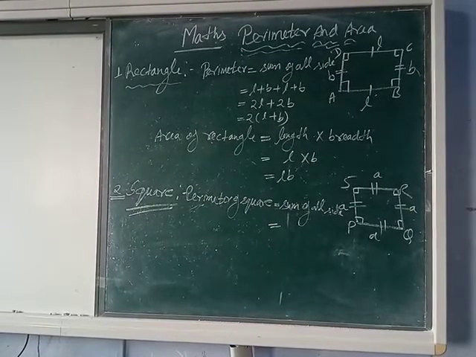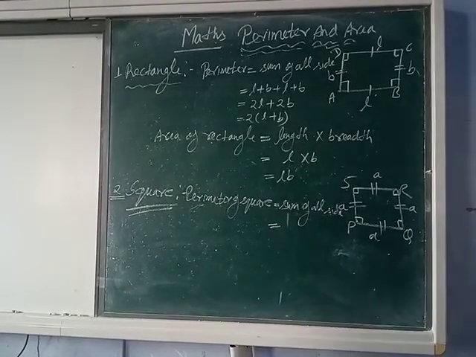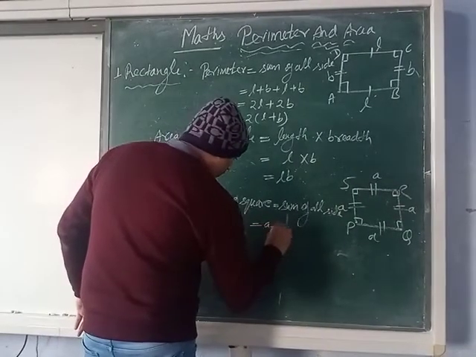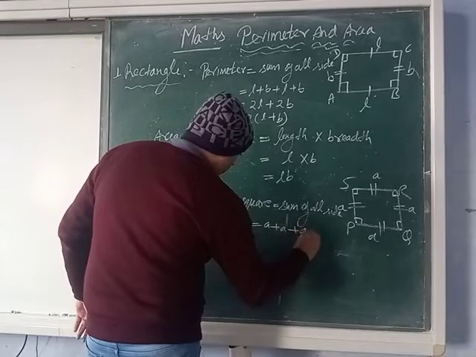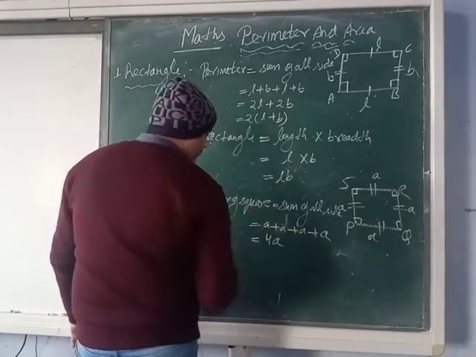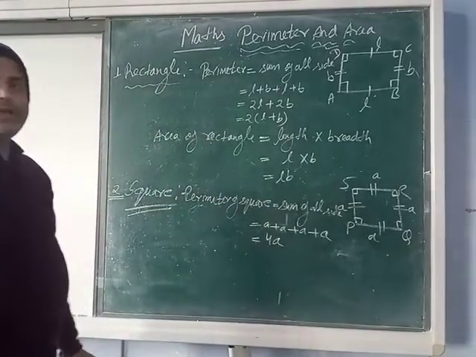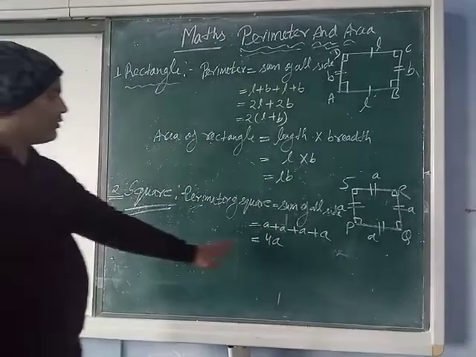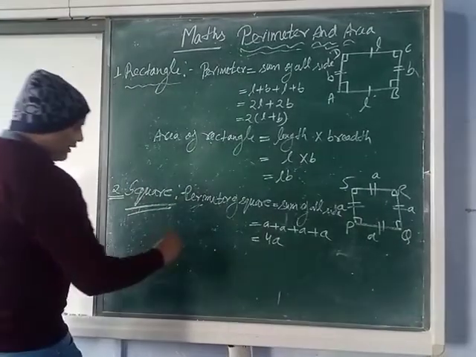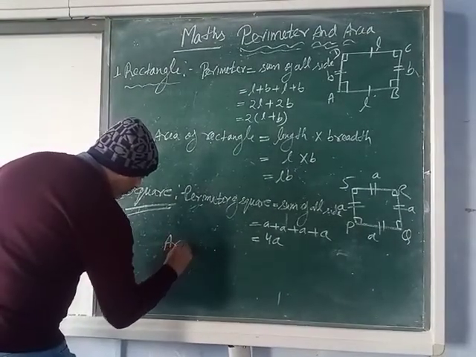That is A. So write down A plus A plus A plus A. That is 4A. It means to find the perimeter of a square, simply 4 into side. Okay.